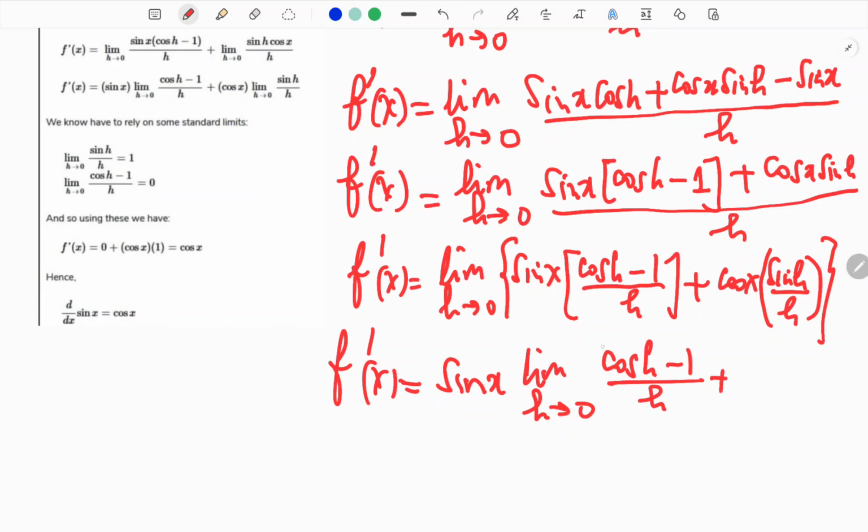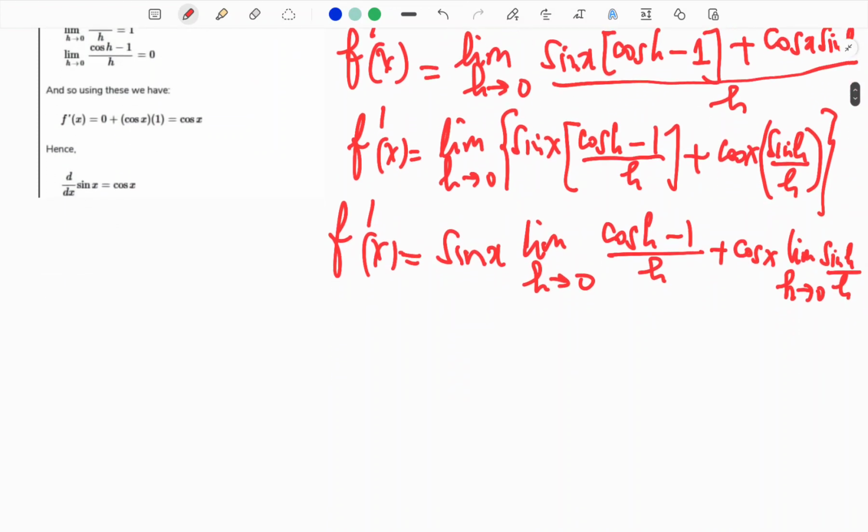And then now you also take the limit of the other expression, but taking out the common factors, or rather the constants. So here a constant is a function that is not of h, because the limit is as h tends to 0, meaning you have the sine of h over h, that is actually a variable.